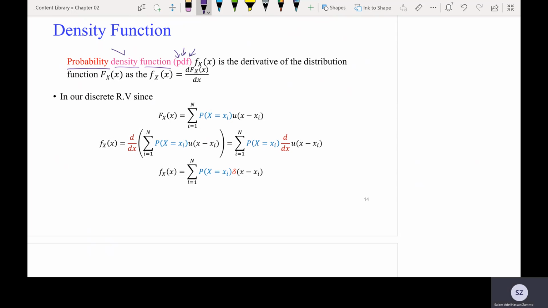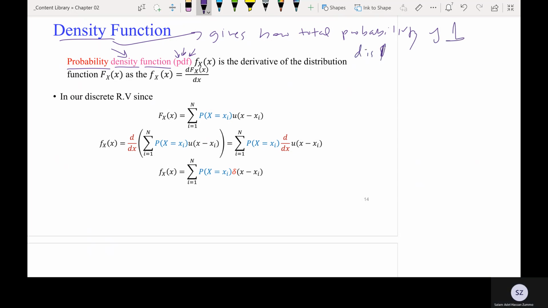Because it's a density function, it gives you how this total probability is distributed among the different values of x. What does density mean? It gives you how the total probability of one is distributed among different values of the random variable x.